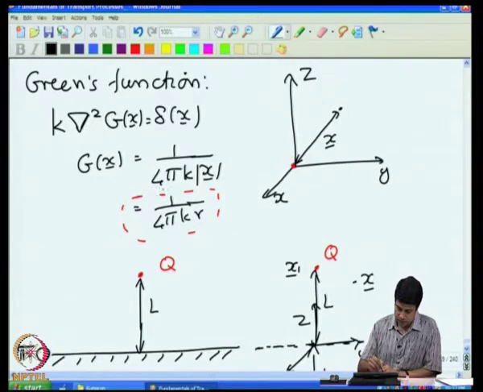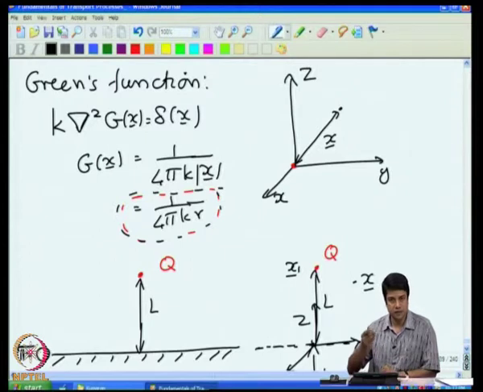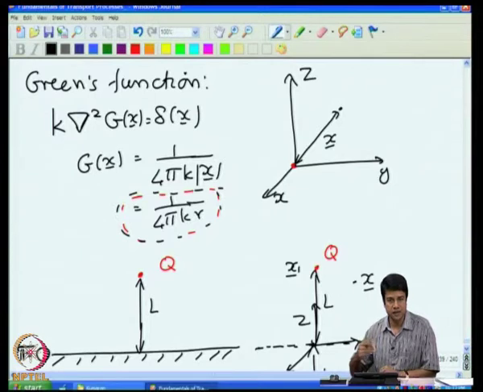This was the original Green's function which I had in an unbounded medium. But when I have a wall present, the Green's function is different. The Green's function due to a point source near a wall has one contribution due to the point source itself, and a second contribution due to the image sink that was located at minus L, so that you get exactly the correct boundary conditions at the wall itself.